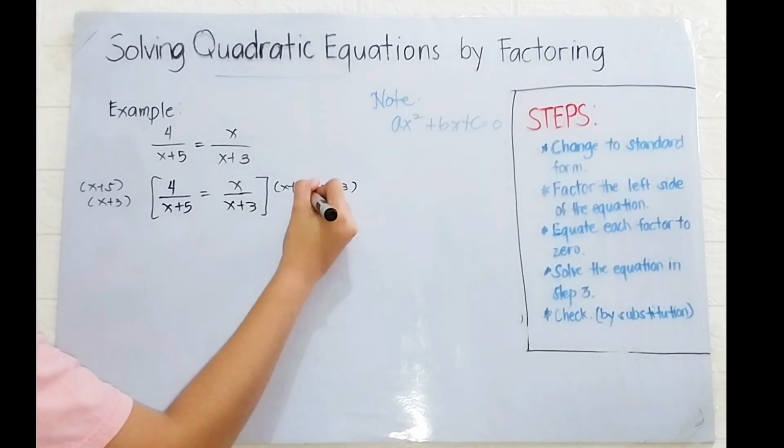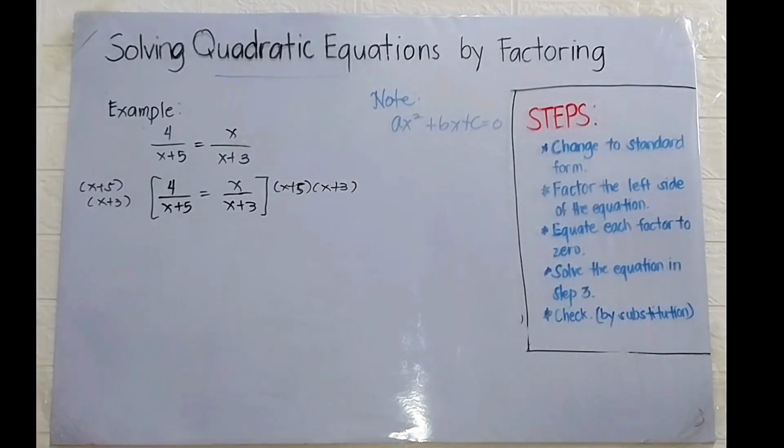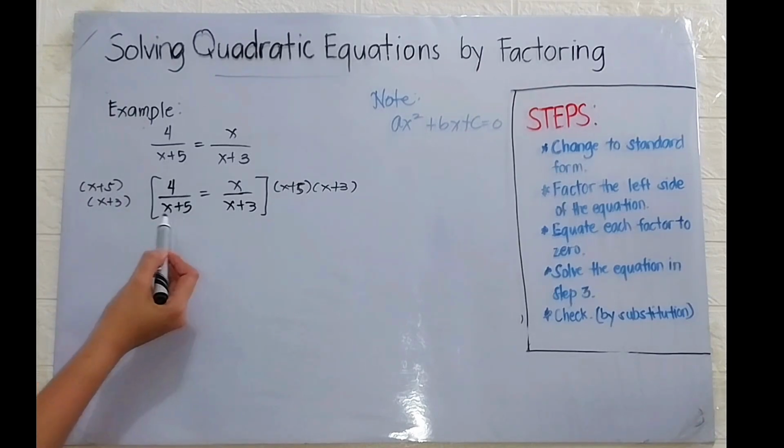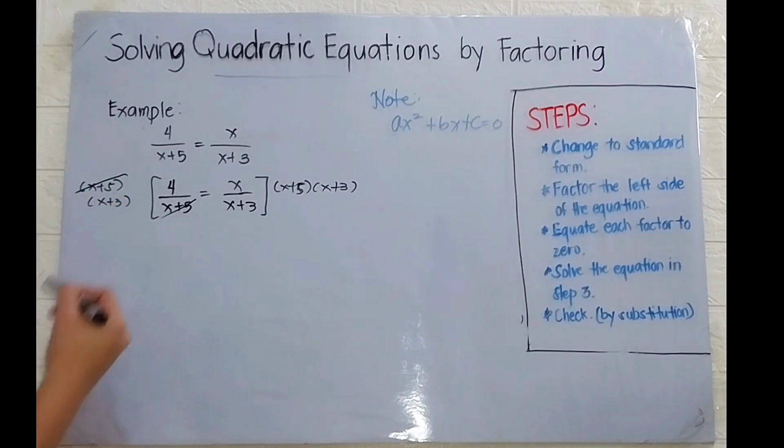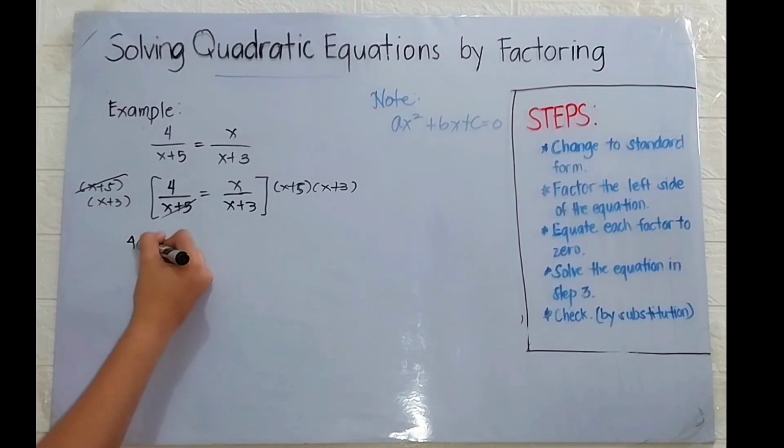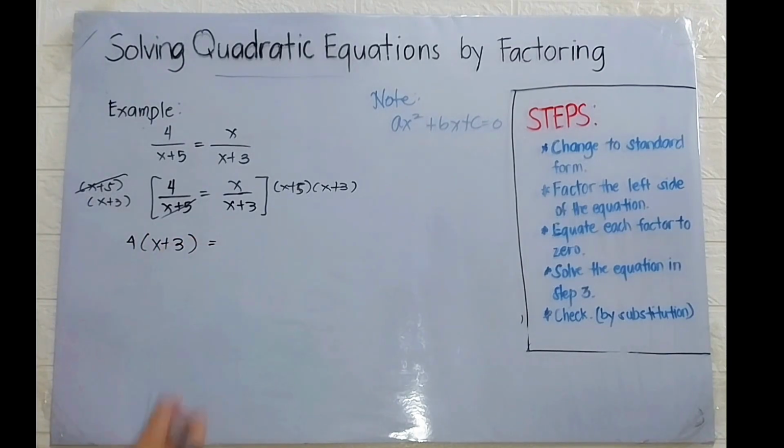So, okay, in this case, let's multiply. So x plus 5 times x plus 3 times 4 over x plus 5, we can simply cancel the x plus 5. And then just write yung natitira. Ano yung mga natitira? 4 times x plus 3 equals.